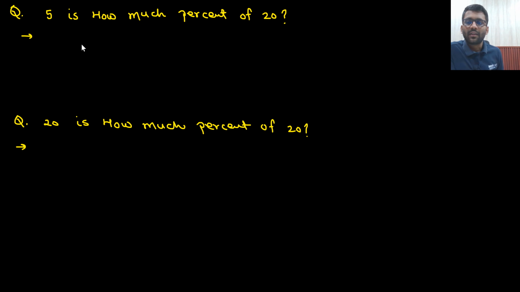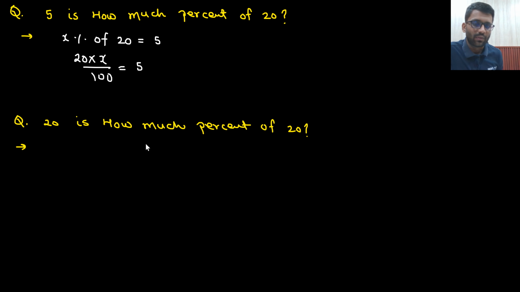Okay. 5 is how much percent of 20? That means how much percent of 20 is 5? So I am saying x percent of 20 is equal to 5. What do you mean by x percent? 20 into x by 100. So 20 into x by 100 is equal to 5.